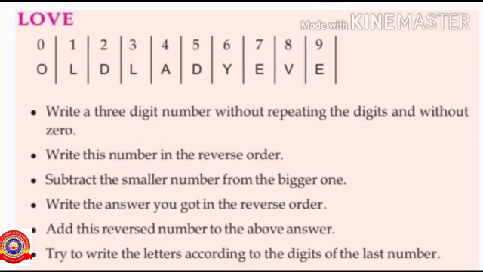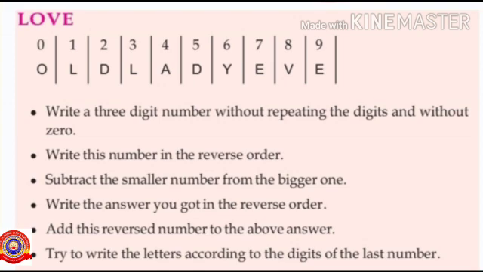Next activity, love. Here you can see numbers from 0 to 9 and their corresponding letters. And also some instructions are given. Let's do as instructions. First instruction is write a 3-digit number without repeating the digits and without 0.